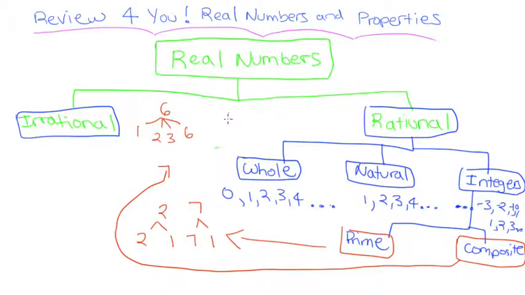Also, 4 is a composite number because it has 1, 2, and 4 as its factors. 2 times 2 is 4 and 1 times 4 is 4. It has 3 factors. This one has 4 factors. Both have more than 2 factors. So those are prime numbers and composite numbers.